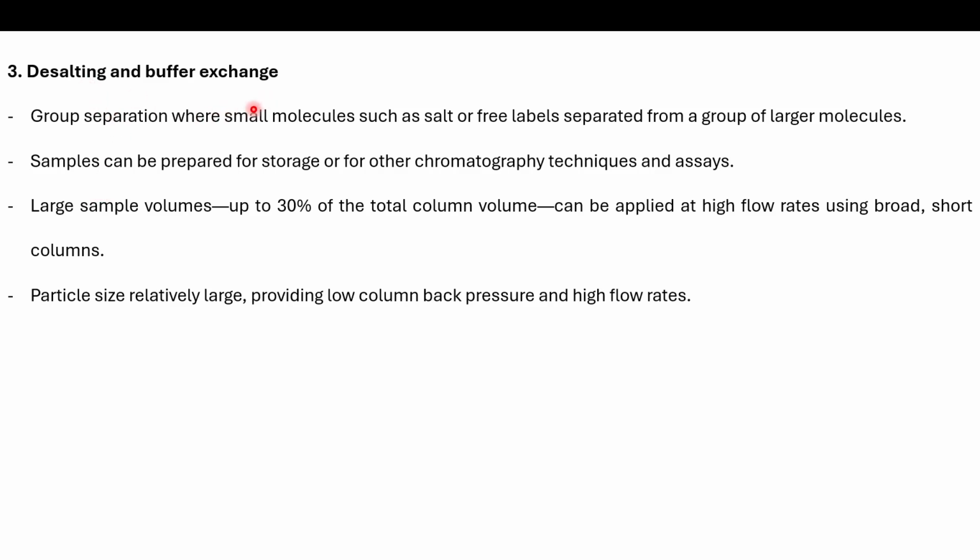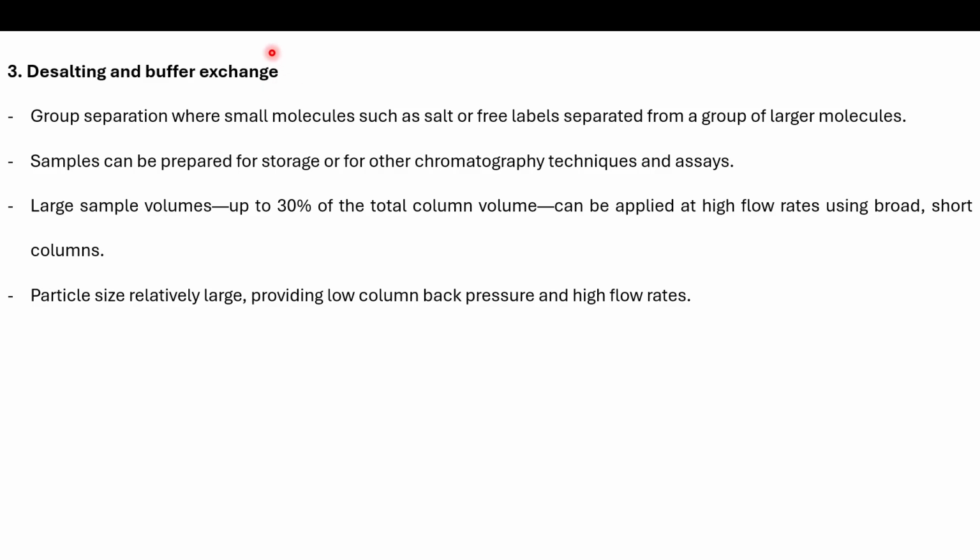Now, desalting and buffer exchange: larger sample volumes are used, that is desalting. In buffer exchange, it is kind of the same thing. Suppose for the next experiment you need some other buffer, or even for storage you don't need a high amount of salt.